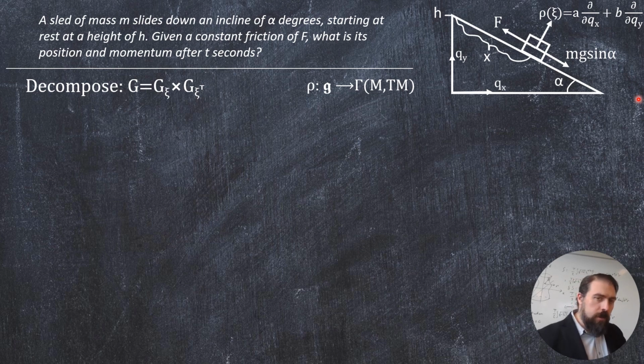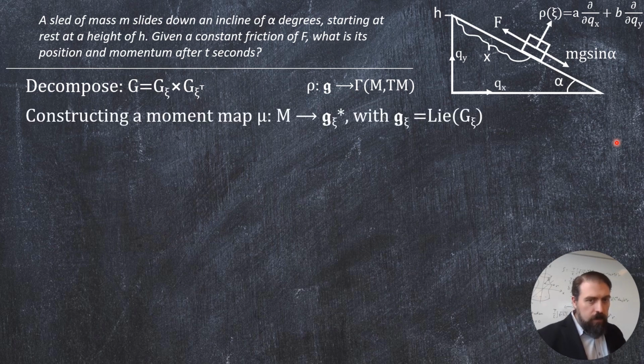So rho is something representing the Lie algebra here as a vector field. So it's from the Lie algebra G to sections of TM, the tangent manifold. And this G here is the Lie algebra of the capital G. Constructing a moment map now.